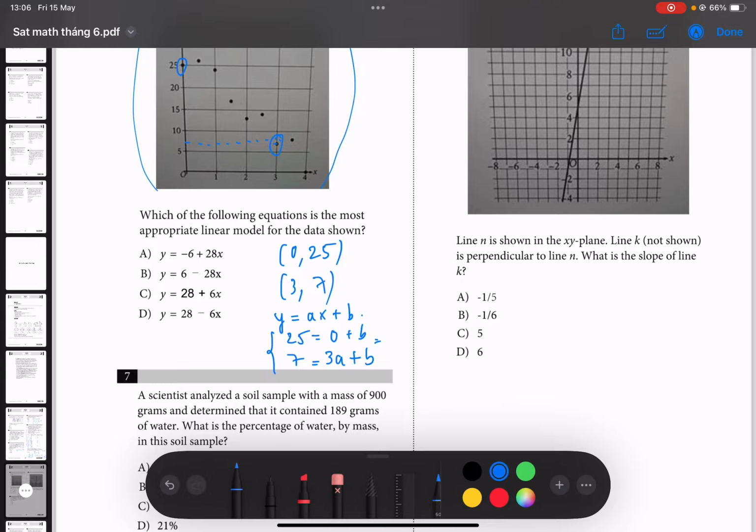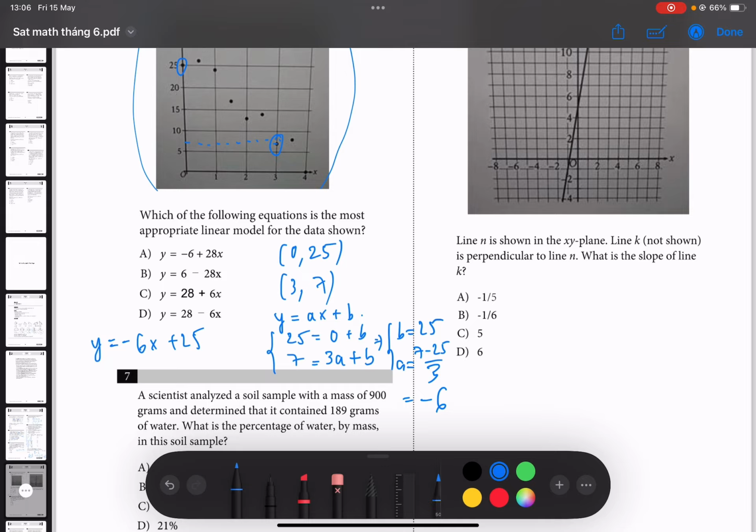So you will have b equal to 25, and a will equal to (7 minus 25) divided by 3, which gives you a equals minus 6. Looking at the answer choices, you will find an equation that is either exactly the same or partially the same as the equation you just found: y equals minus 6x plus 25.